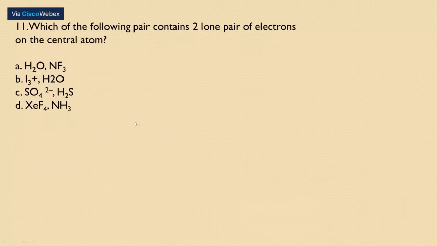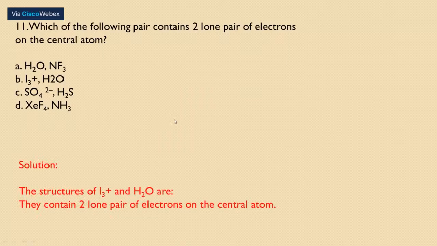So now let us see the structures of I3+. It is given as I3+ and H2O. So why have I taken this directly? If I consider all the molecules, it will be time consuming. That is why I'm just explaining.